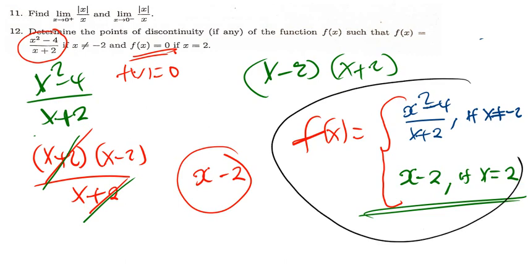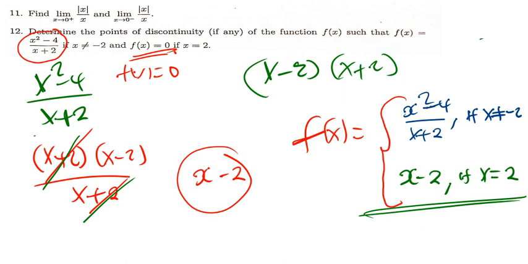If you can clearly see here, guys, the point where I'm going to have discontinuity is only where x is not equal to 2, because here we are saying that x is equal to 2, meaning at that point it's going to be continuous.